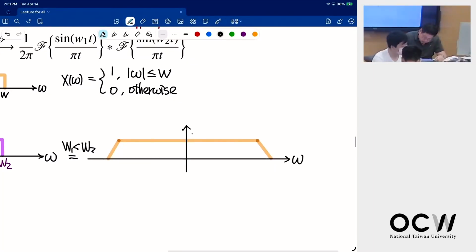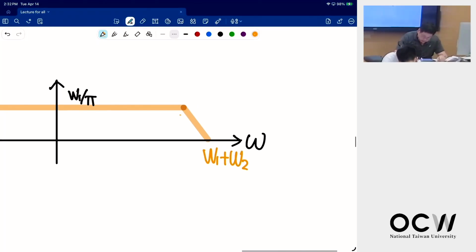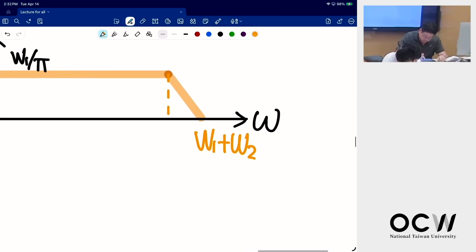The height is W1 over pi. Here's minus W1 plus W2. This is W1 plus W2. And this point is W2 minus W1.